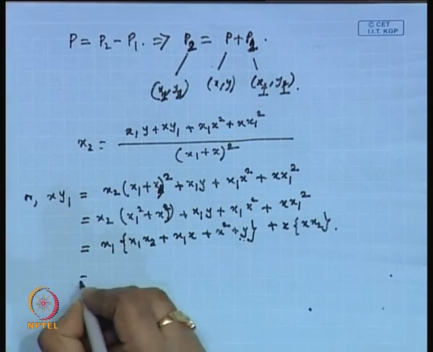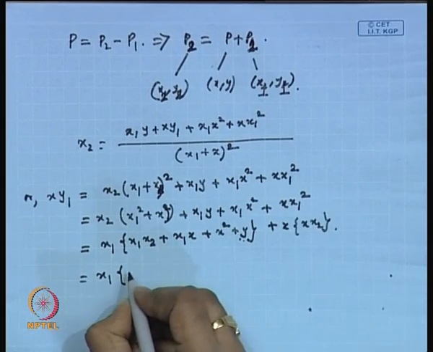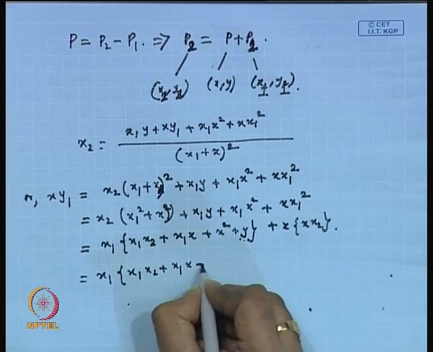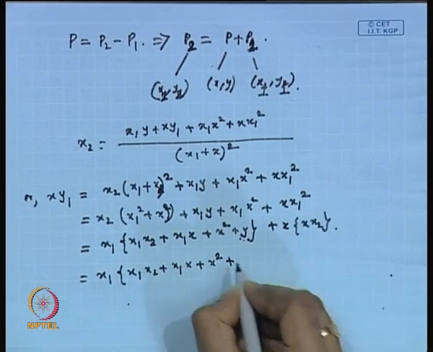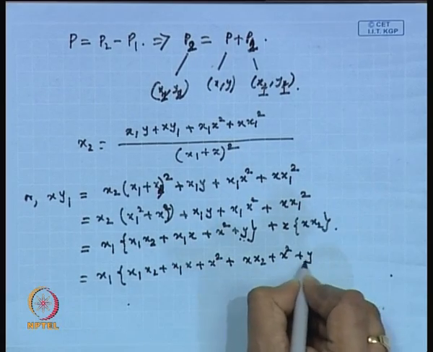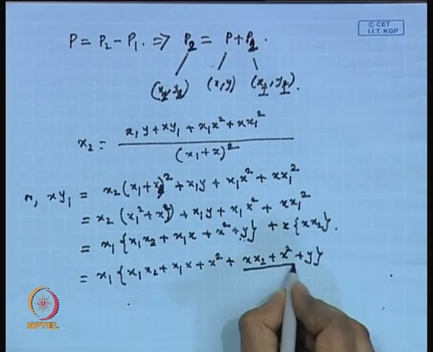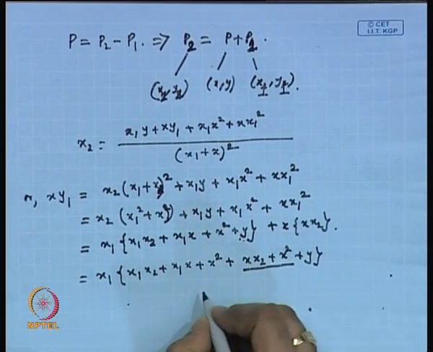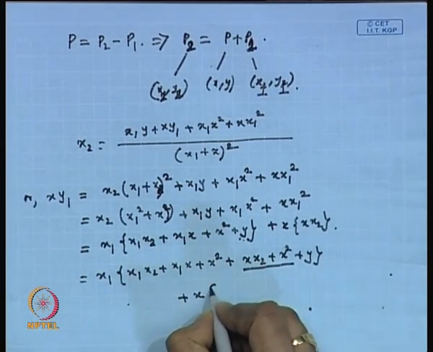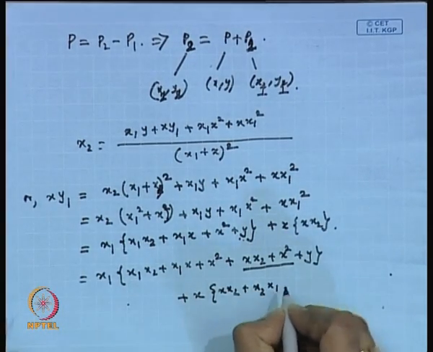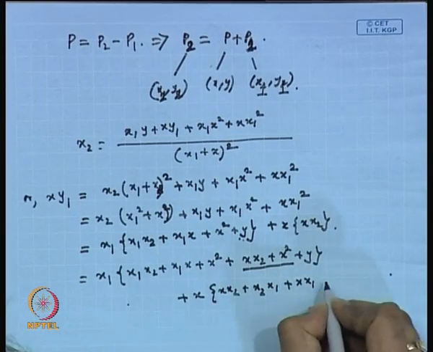The reason is, if you write x 1 and then now if I add say x 1 x 2 plus x 1 x plus x square and add x 2 plus x square plus y. So, basically I am adding here an x 2 plus x square here, okay, and then in the other term I am also writing x 2 plus x 2 x 1 plus x 1.